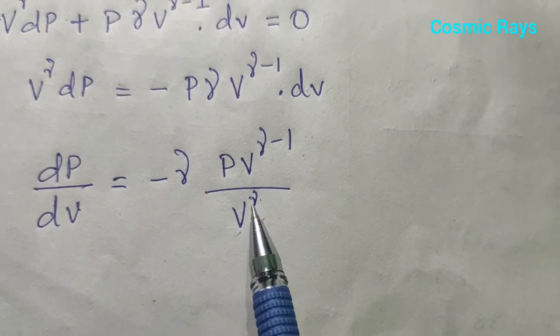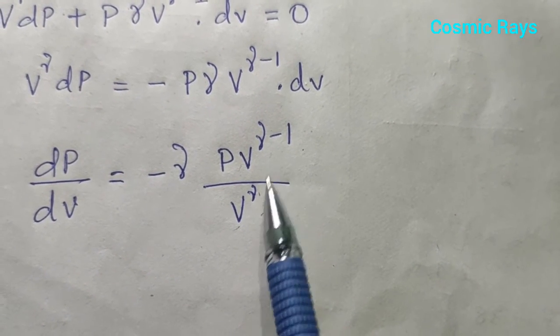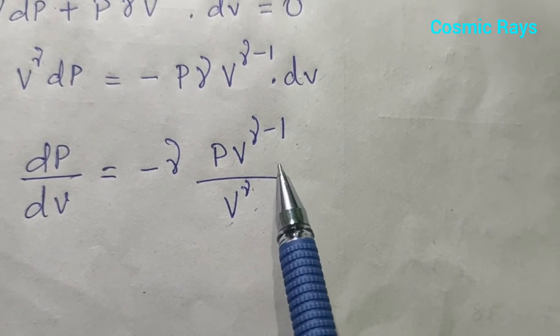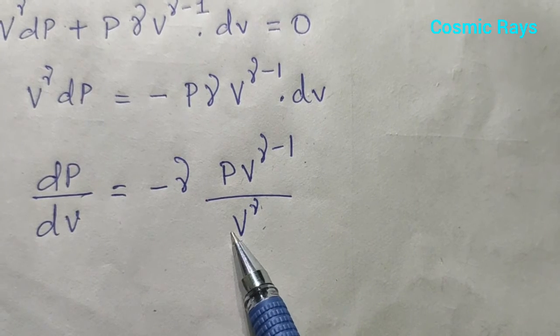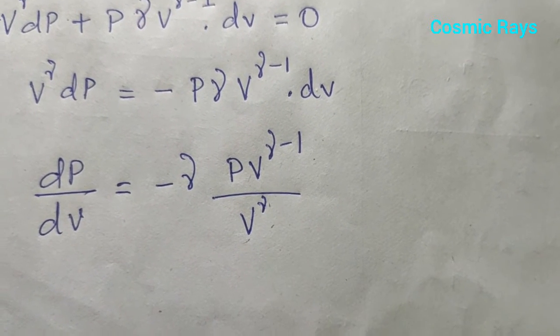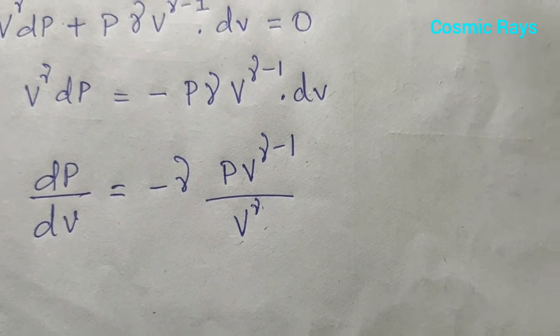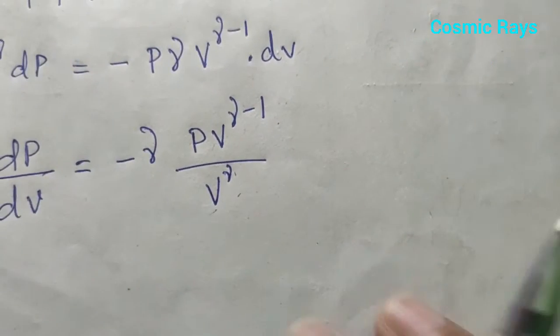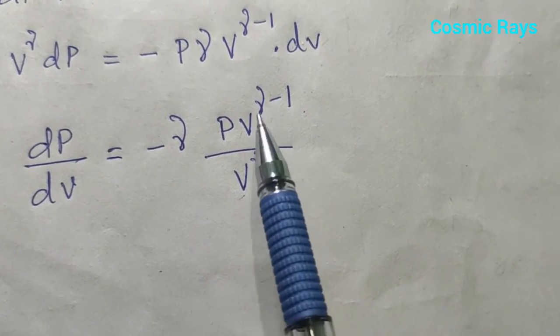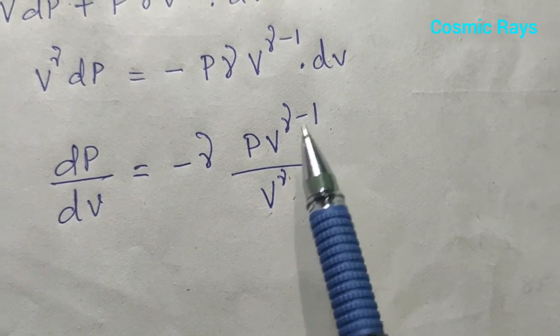to the power gamma. Now this can be simplified using the basic formula x to the power m divided by x to the power n is nothing but x to the power m minus n. So if we use that, gamma and gamma will cancel out, we will be left only with minus 1, V to the power minus 1.